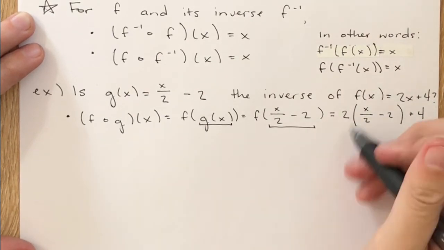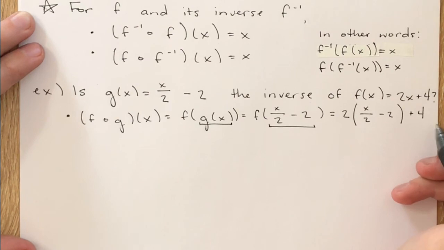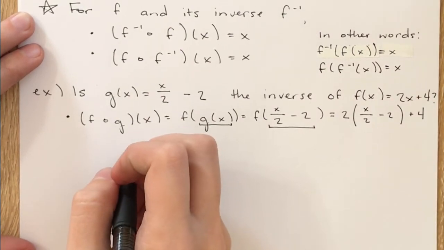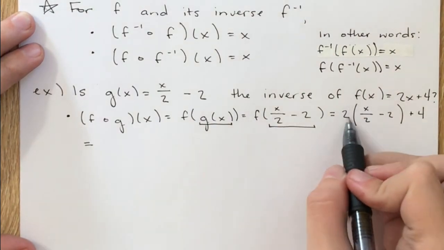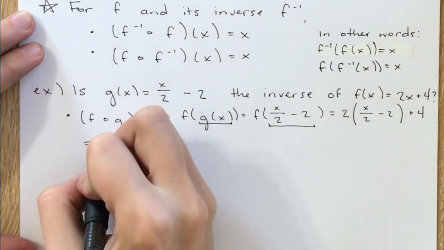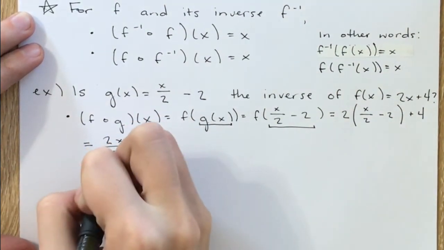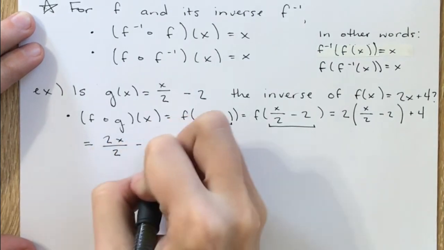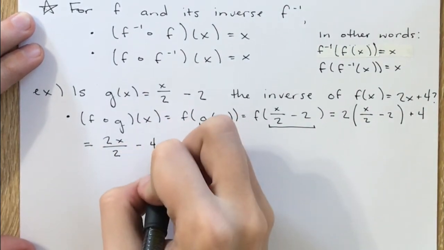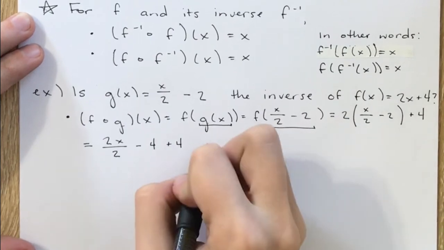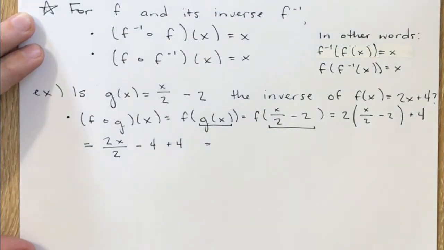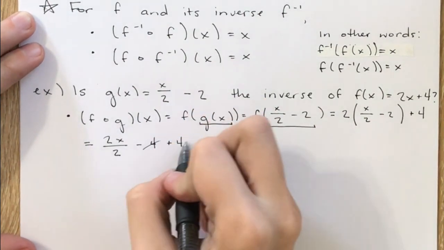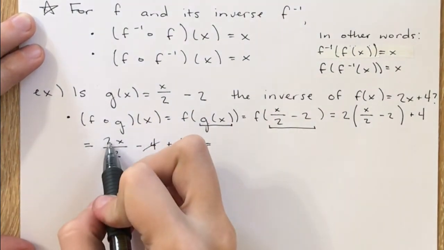All right, that definitely doesn't look like x, but let's do some simplifying before we make any final decisions. So we have to distribute this 2 to both terms. So we have 2x over 2 minus 4 plus 4. Obviously, the minus 4 and the plus 4 will add together to give us 0, so these guys cancel.